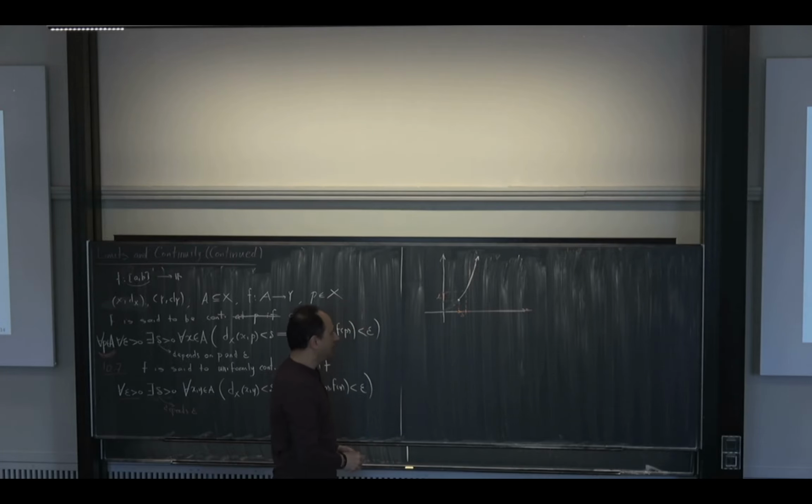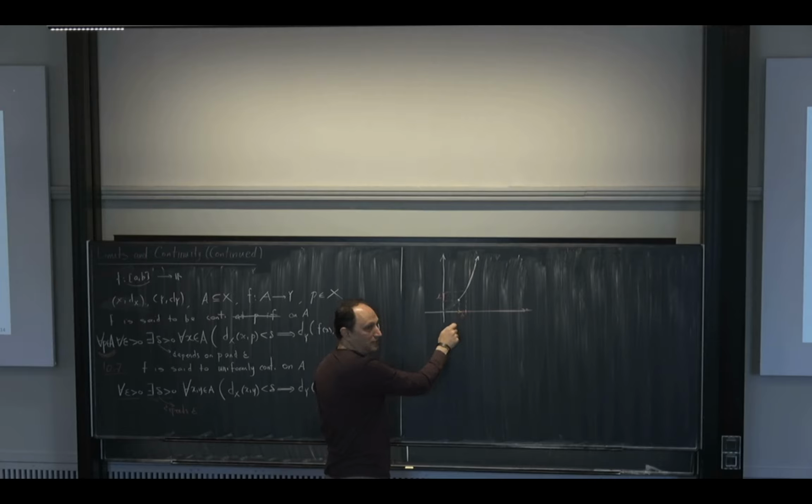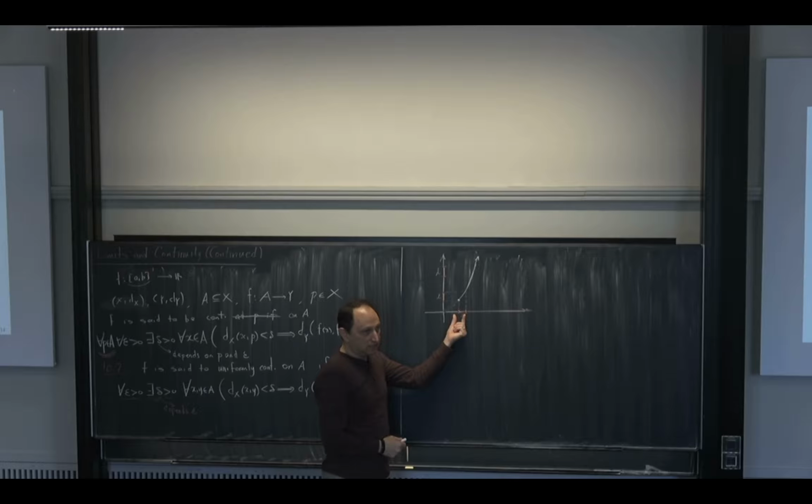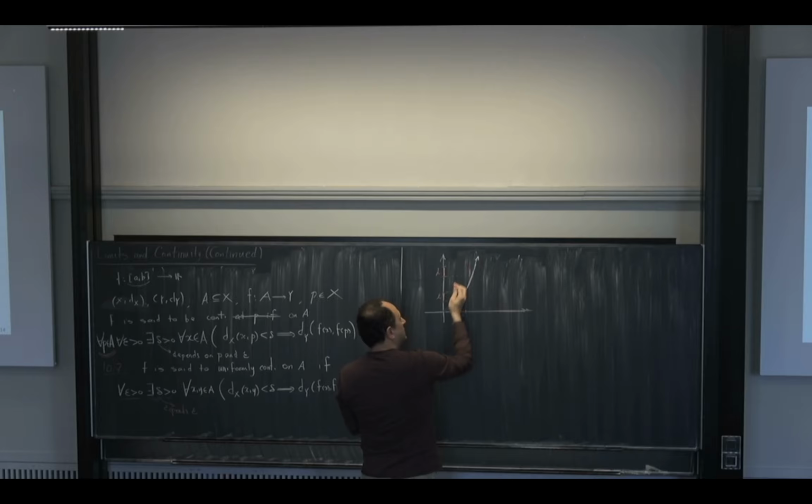But the point is that this delta, I cannot give you one delta that works everywhere. Why? Because if I take this one, I keep the length the same, but I move it here. Let us see what happens now. Still, the threshold on the y that I desire is still L. But do you think that this delta, this threshold of the x-axis, will give rise to this one? No, because of the steepness here, you need to adjust your delta to a smaller delta, you see?